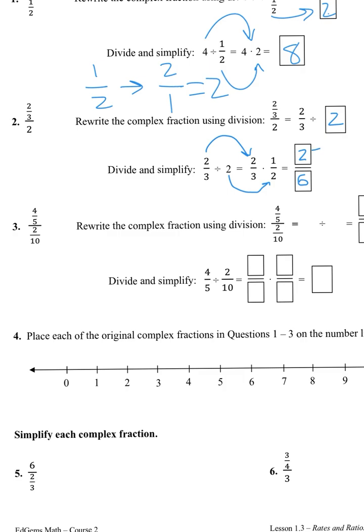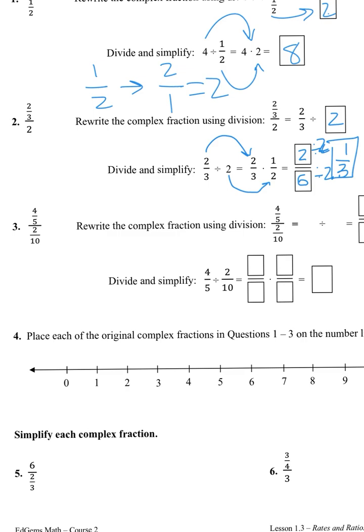So we're going to divide both the numerator and the denominator by 2. 2 divided by 2 is 1, and 6 divided by 2 is 3. And that is your final answer.